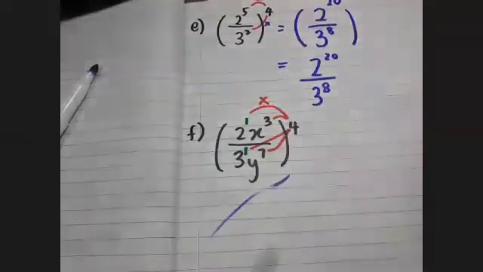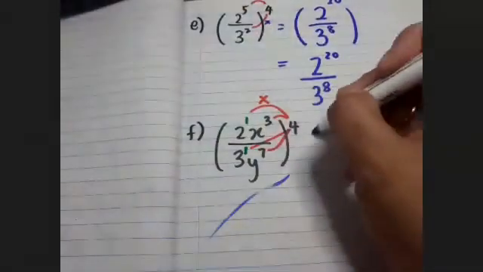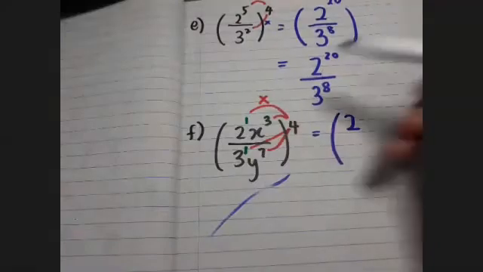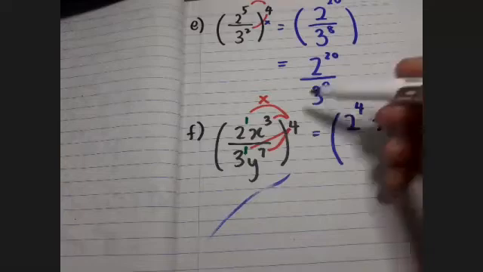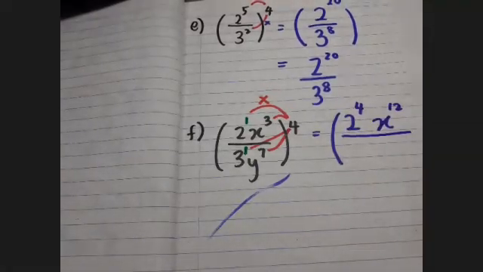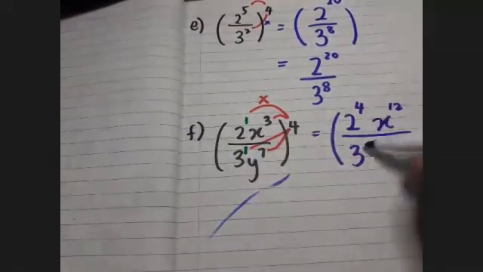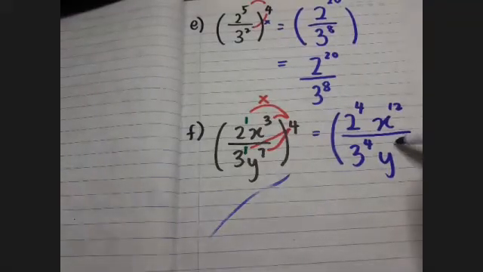This is all multiplication. So final answer, 2 power of 1 multiply 4, 4, x power of 3 multiply 4, 12, over 3, this is 1, multiply 4, 4, y to the power of 28.